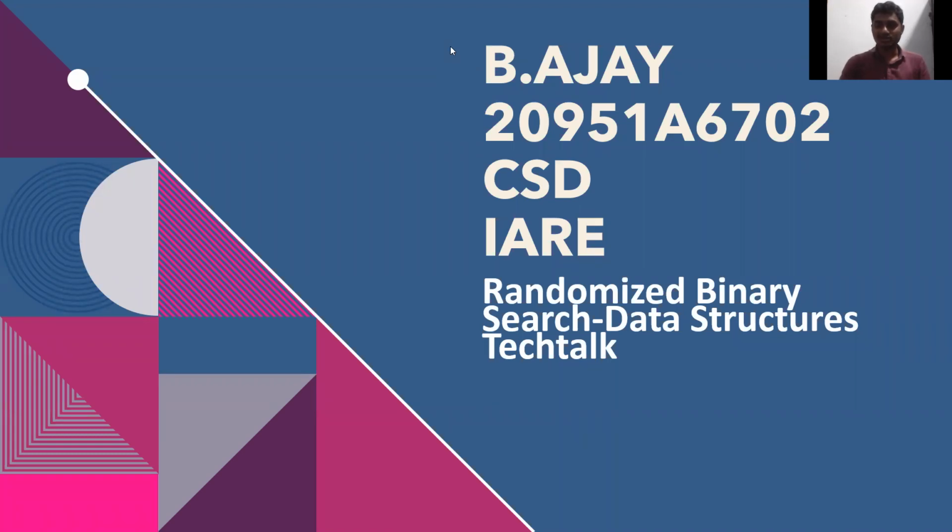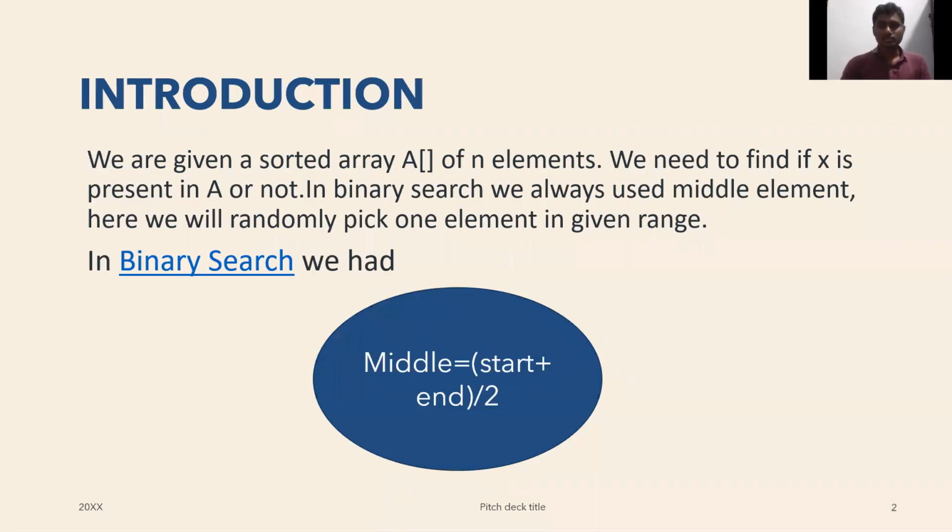In this video, I will be discussing randomized binary search. It is a topic of data structures. In binary search, we create an array and search for an element from that array.